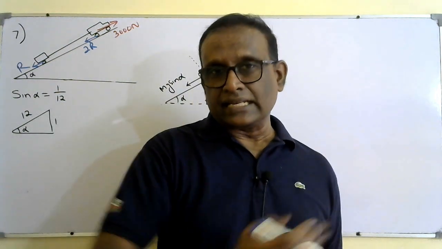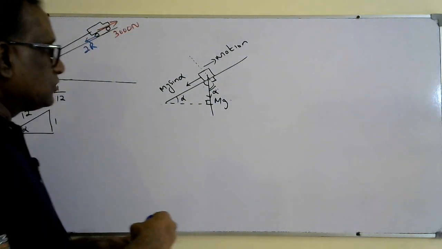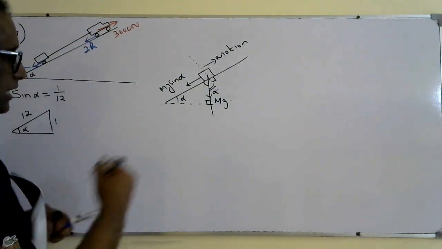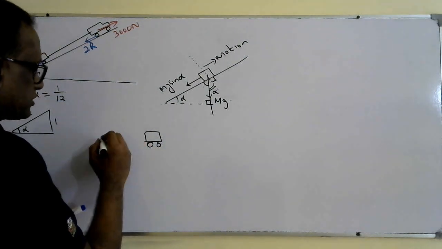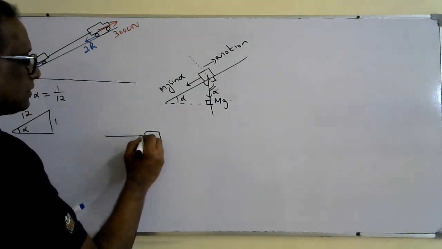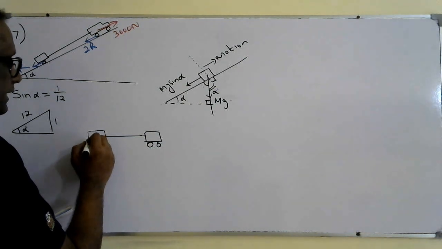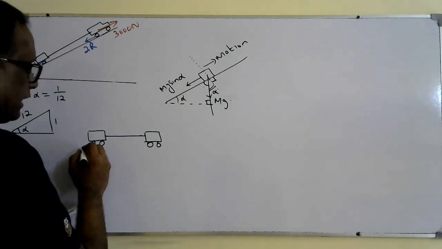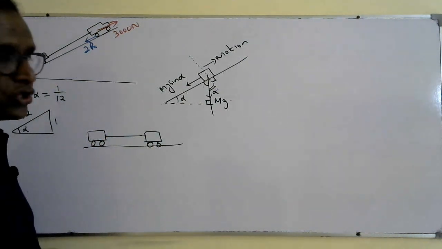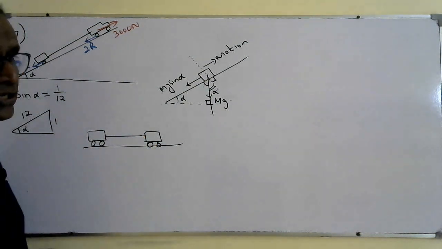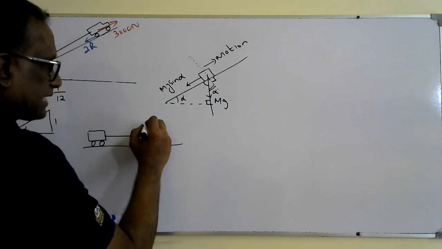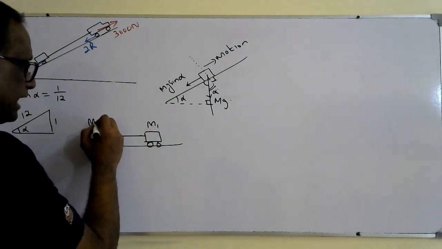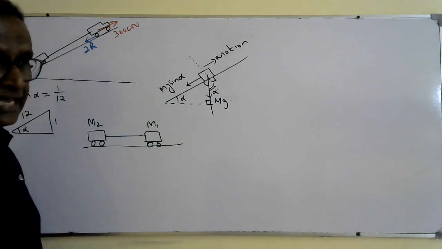If we take a light rod, say for example, two objects are connected by a rod. Imagine there is a car, I just draw it on a horizontal road. There is a bar, a rod which is connecting another one. Why we say it is a light rod means the tension will be the same at all points. Say for example, the mass of this one is m1, the mass of this one is m2. Both are moving at the same acceleration.